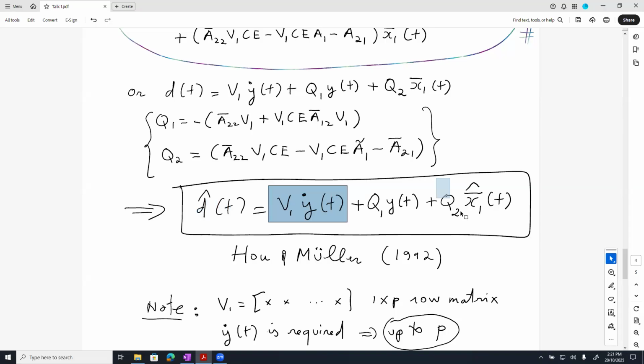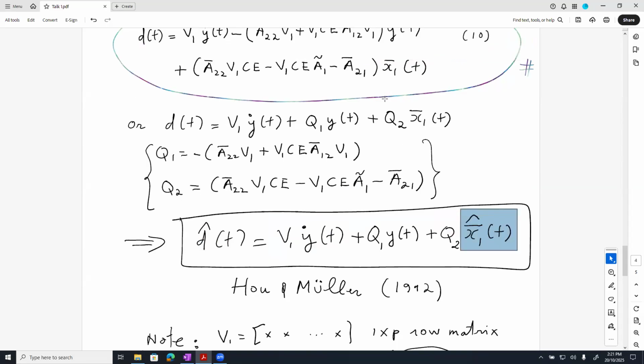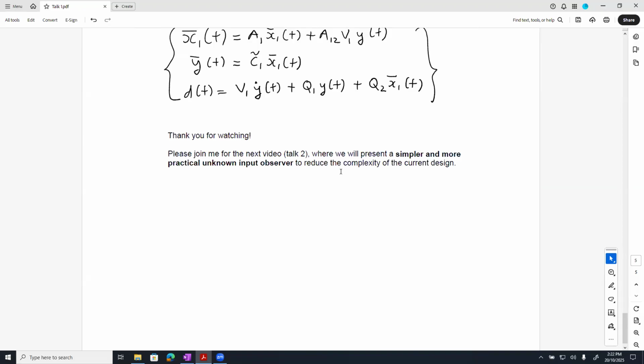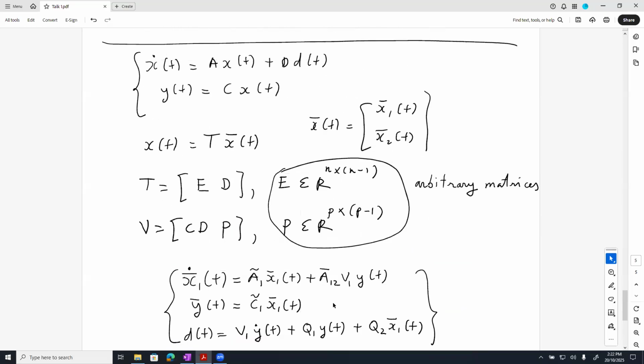And instead of designing an observer to estimate the entire stack vector x1 bar, we will design a scalar functional observer. Okay, so that's what we're going to do next. And so we will reduce the complexity of the current design method by Hou and Muller.